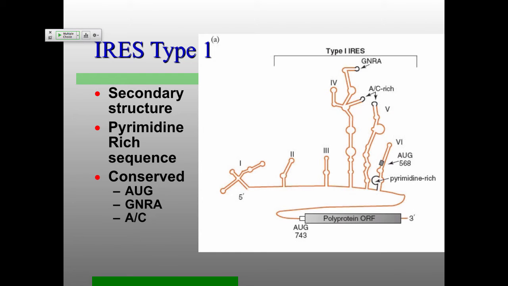There's a whole bunch of different ones, but the main thing here is that they've got lots and lots of secondary structure, and very often in that secondary structure, you have the start codon, which is part of that secondary structure. Really right in there, and a very pyrimidine-rich sequence.